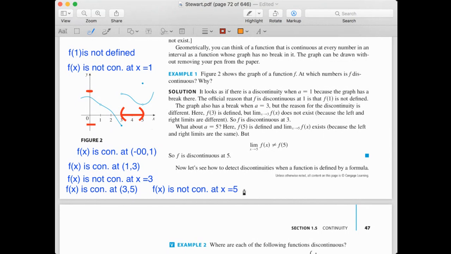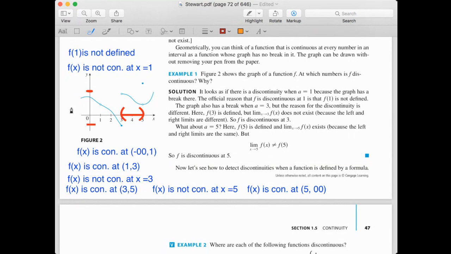So then from 5 on, we say f is continuous from 5 up to infinity. I'm going to use a double zero representing infinity.